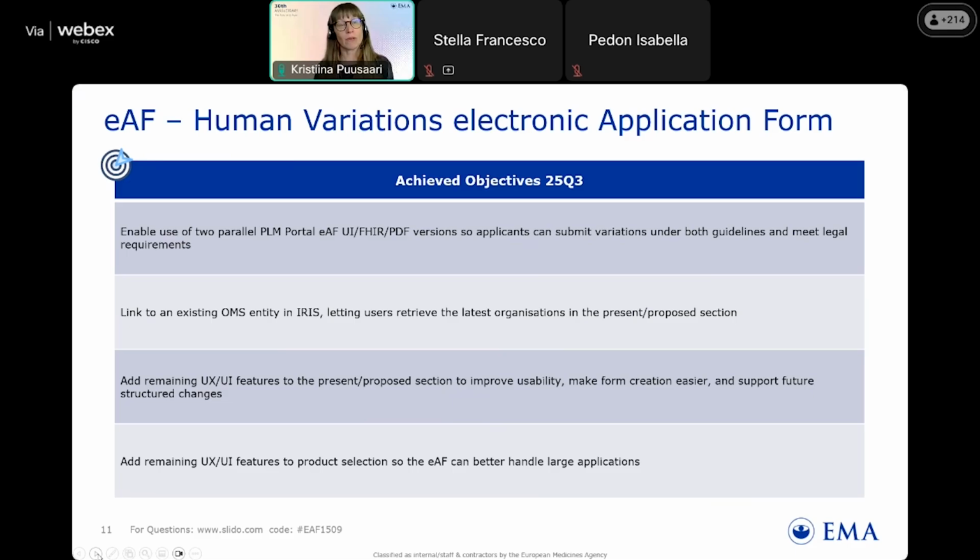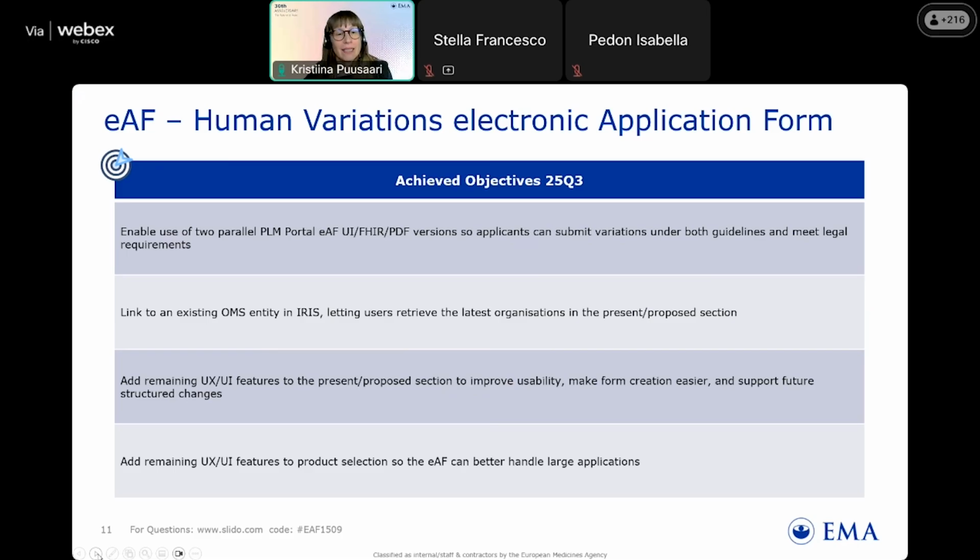And if, even before the 15th of January, you want to start filling in an application form using the new classification guideline, the new version of the form will be available, and you can already start preparing for your submissions after the 15th of January. I will be giving you a very quick demo on that.